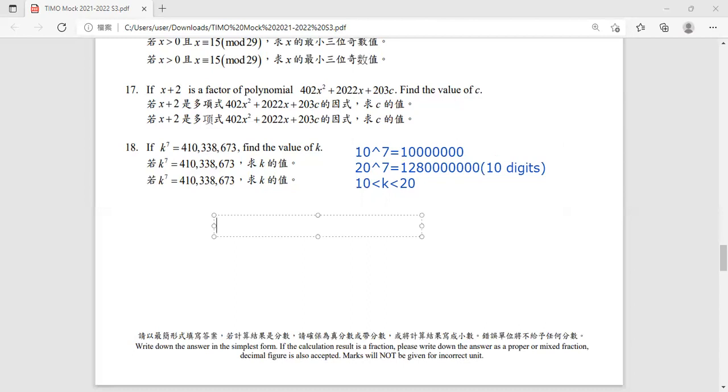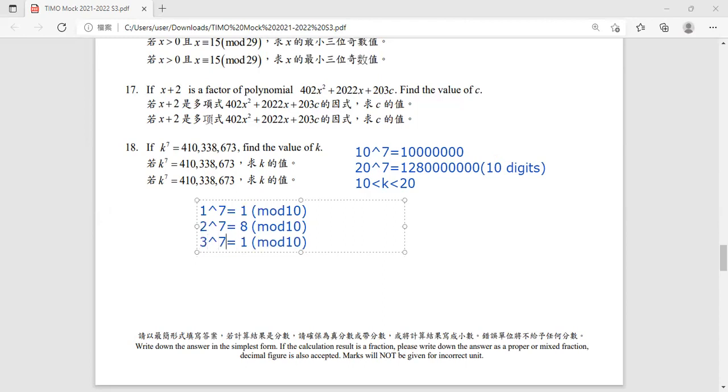If the unit digit is 1, 1 to the power 7 is 1 mod 10. If it is 2, you can check this is 8.